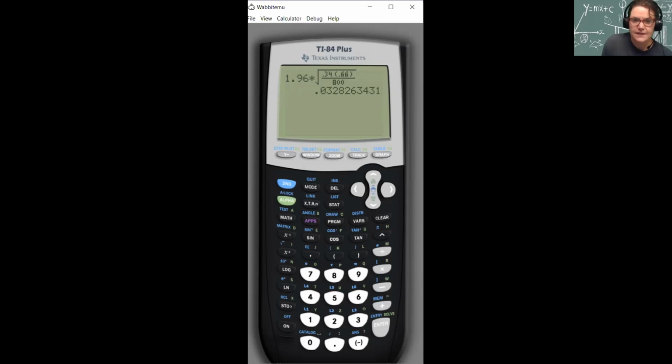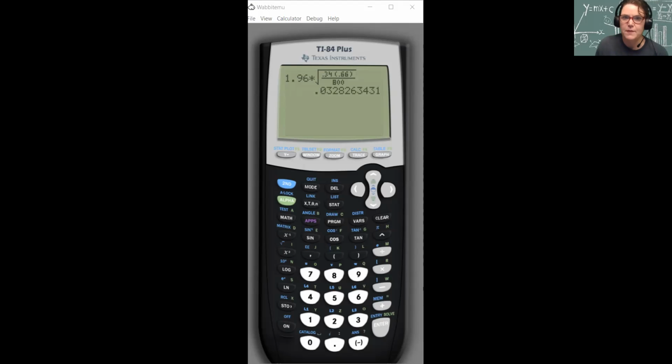And I get 0.03283, and you'll get negative 0.03283.